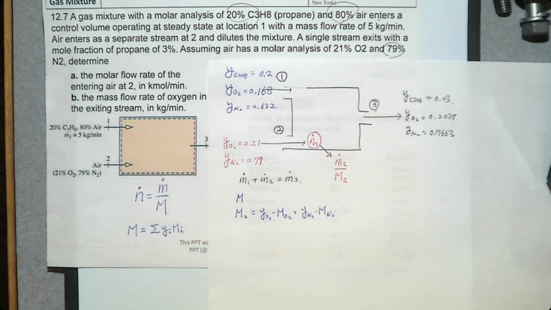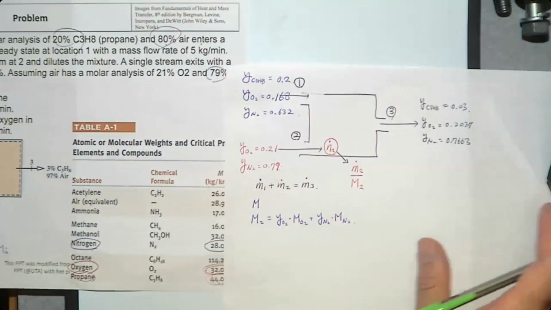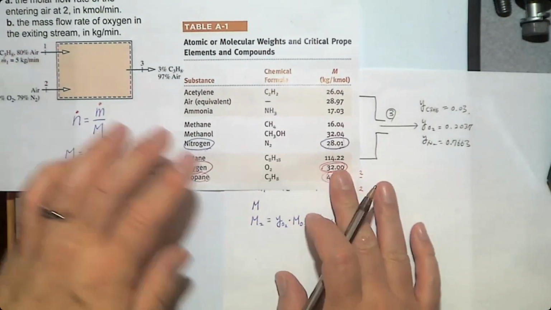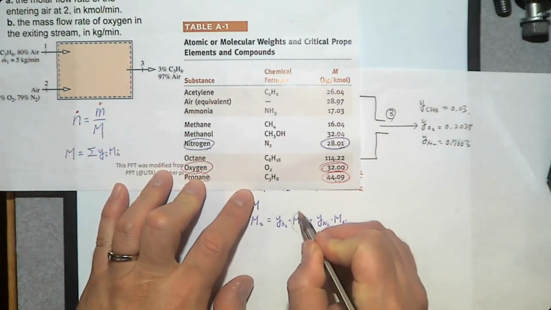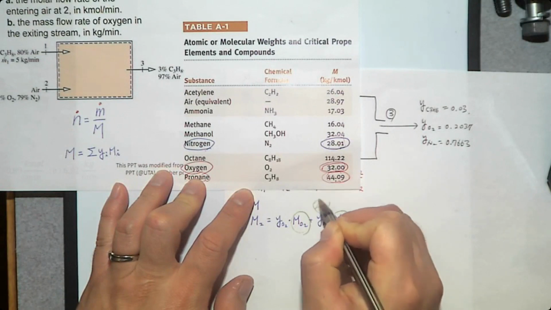Then we know the mole fraction of each component, 0.21 and 0.79. Where can we find the molecular weight of oxygen and nitrogen? From table A1. So these two can be found from table A1.